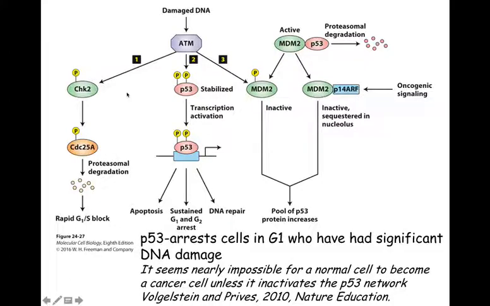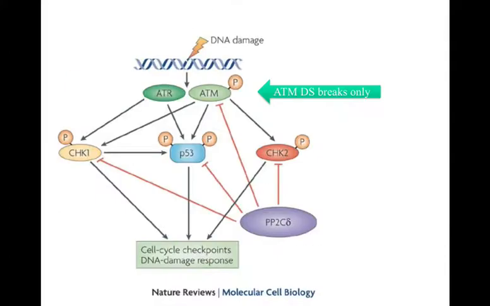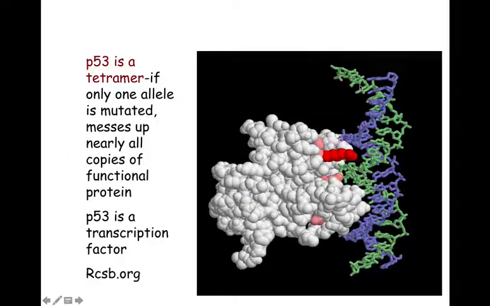So if you can't do this function, you enter S when you should not, or that cell survives when it should not and could lead to cancer. So ATM detects double-stranded breaks, and it monitors for those double-stranded breaks, and then it can affect the activity of CHK1 in one pathway, stabilization of p53 in another pathway.